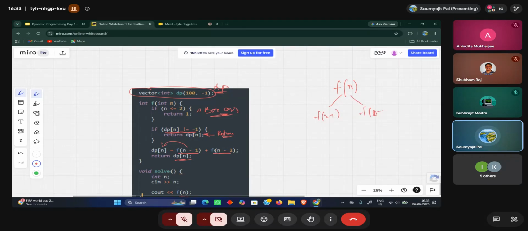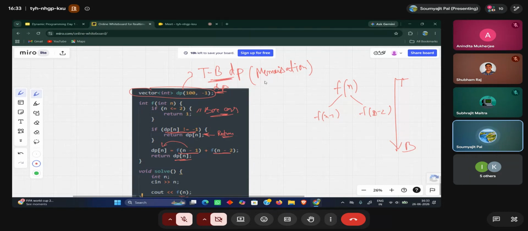So we are going from top to bottom. This is my top and bottom. Recursive DP is also called top to bottom DP. This technique of recursive DP is called memoization, the top to bottom approach.